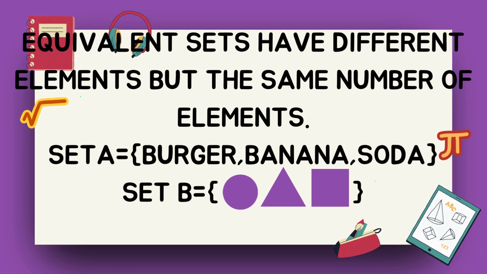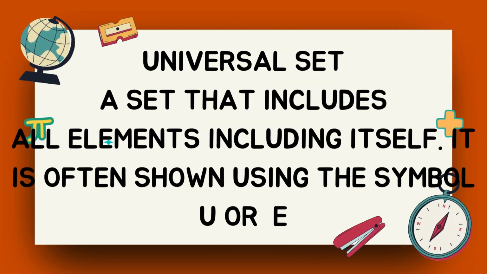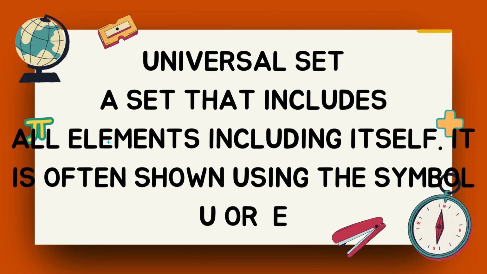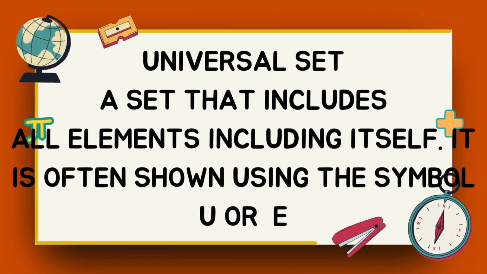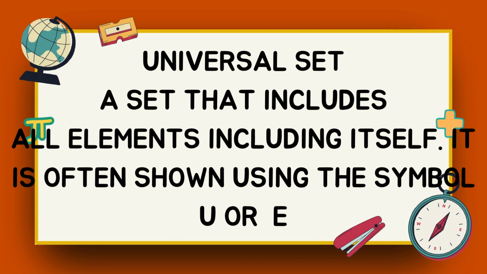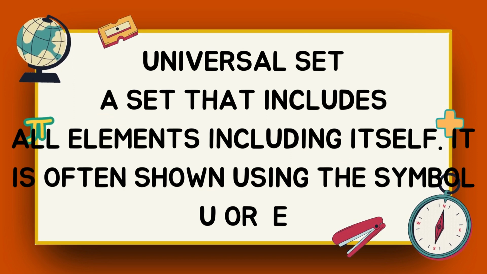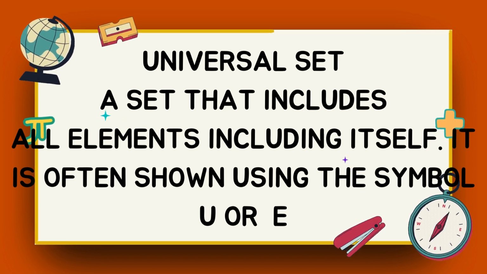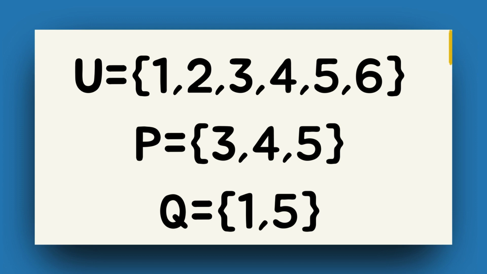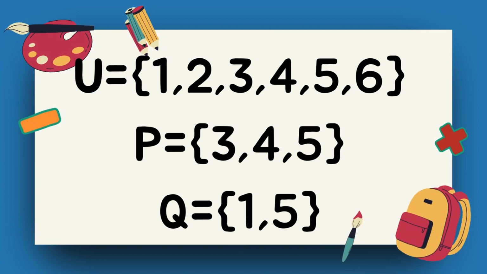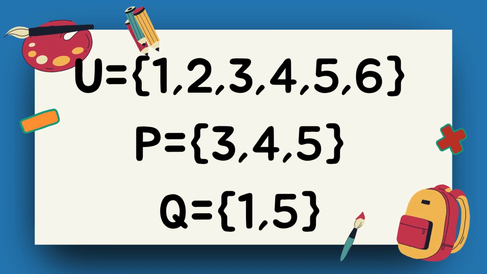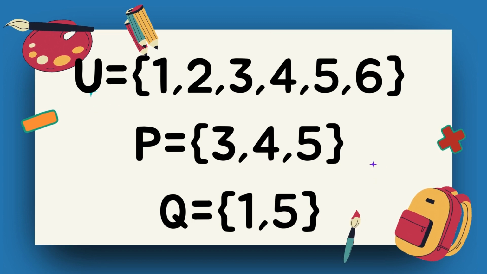Let's move on to universal set. Universal set, a set that includes all elements included in itself. It is often shown using the symbol U or E. Let's take a look at this example. So the universal set equal 1, 2, 3, 4, 5, 6, while set P equal 3, 4, 5, set Q equal 1 and 5.